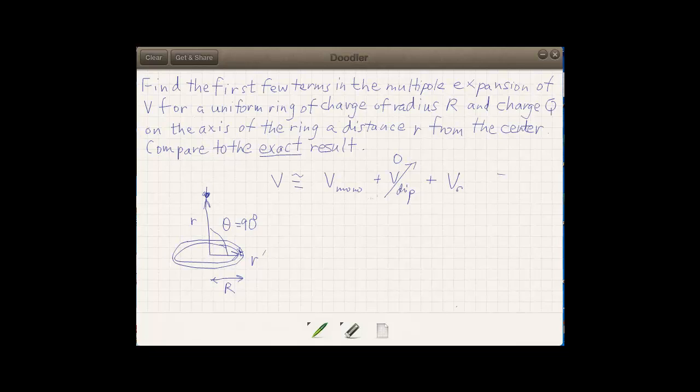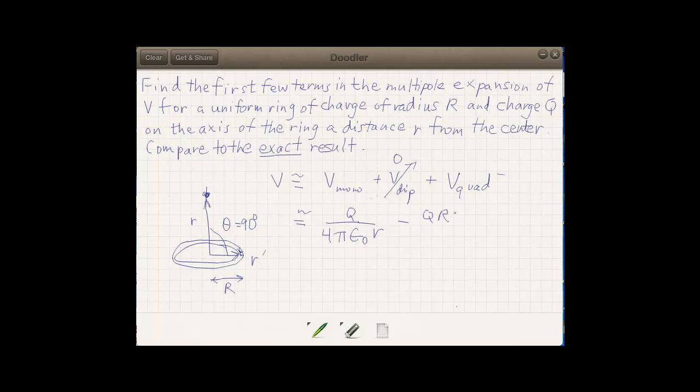Then the quadrupole term, we've worked these out. So we get Q over 4 pi epsilon naught r. Right, that's what we expect if we had a point charge. And then we said before that that first term is actually an overestimate, which makes sense because the quadrupole term that we calculated was negative.